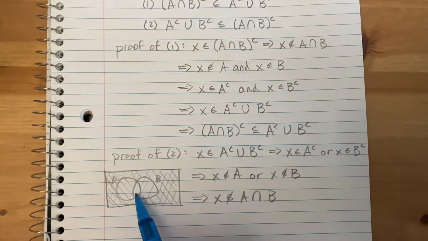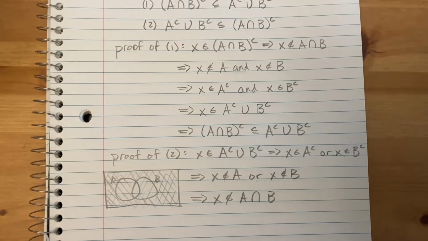And as you can see, the only thing that's not shaded is the intersection of A and B. So X is not an element of A intersect B. So that's kind of a visual proof.